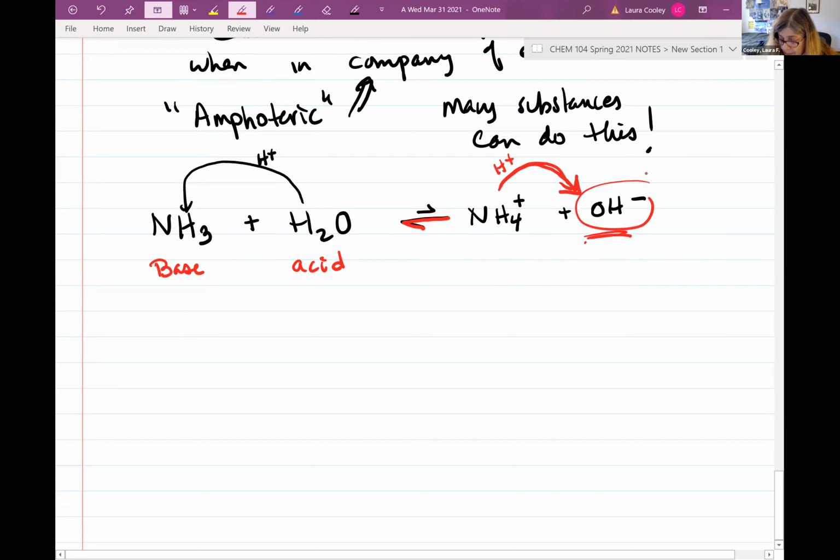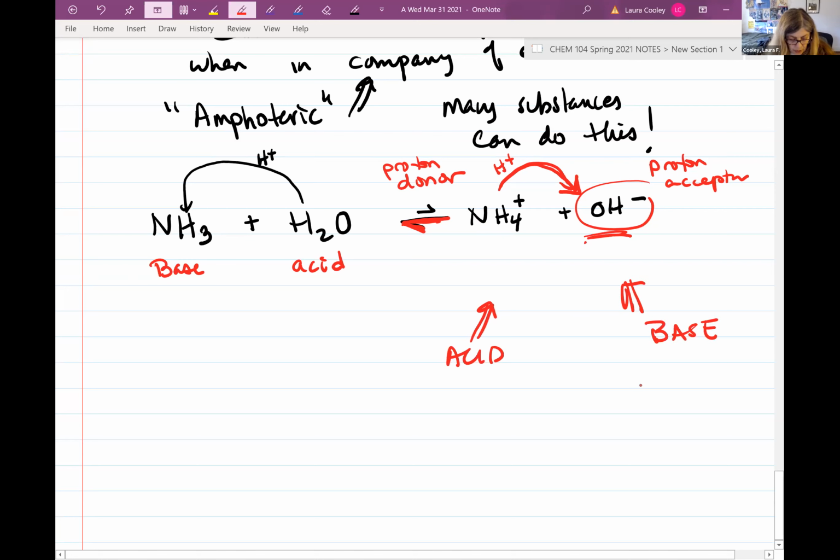This is a proton acceptor. And this reverse reaction happens much more than the forward reaction. In that reverse reaction, ammonium is acting as a proton donor. So ammonium is really an acid, and hydroxide is a base.